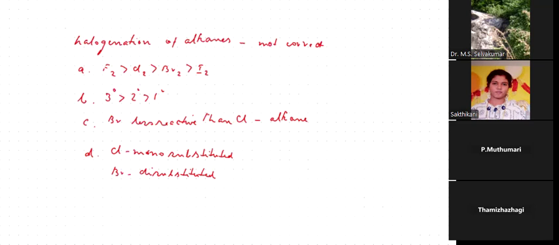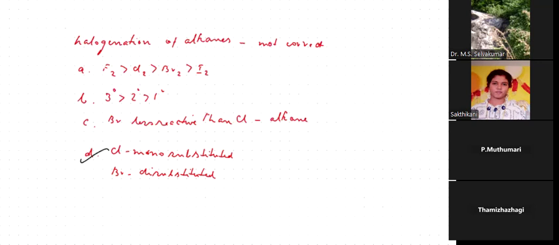The 4th statement is wrong because, for the halogenation of alkanes, option A, the order is correct. Fluorine is the most reactive one, and next to that chlorine, and then bromine, and finally iodine.